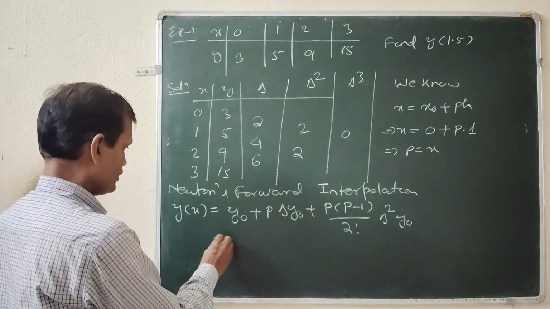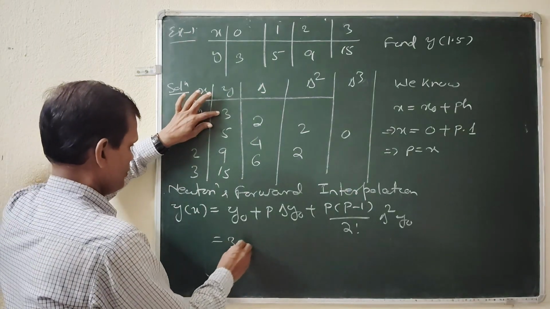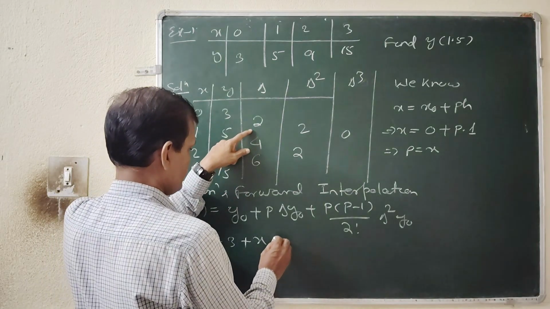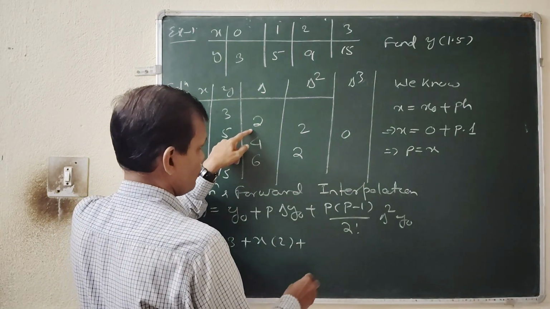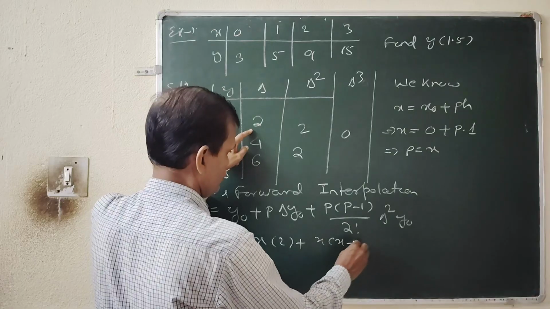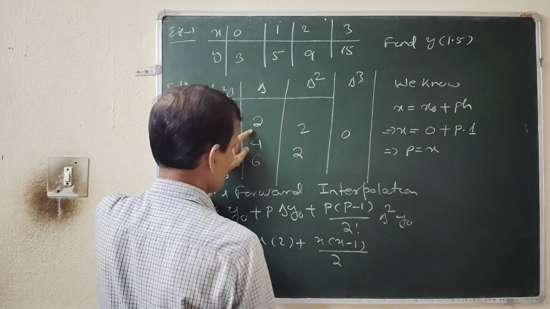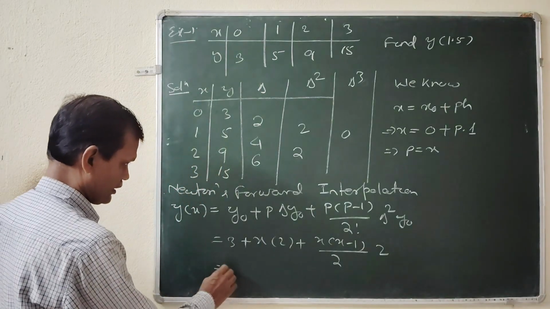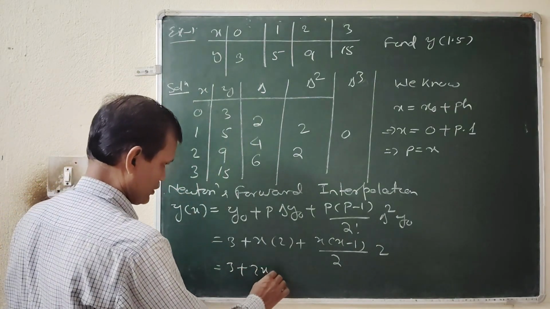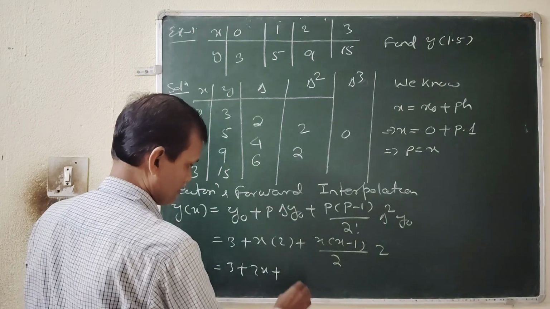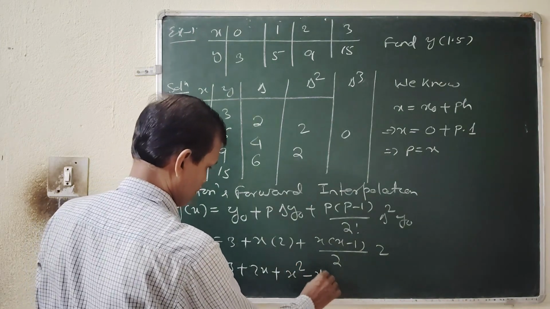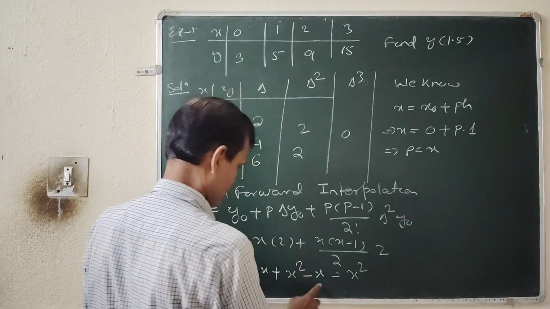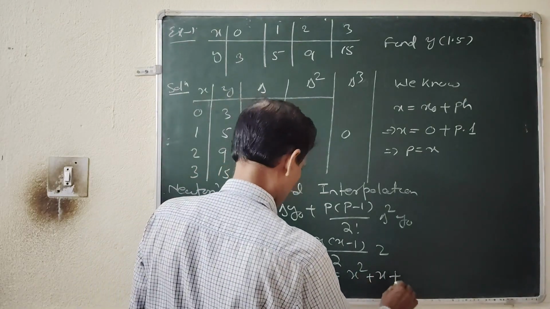What is y0? y0 is 3, plus p, which is x, times delta y0, which is 2, plus x into x minus 1 by 2 into delta square y0, which is 2. If you simplify, that gives 3 plus 2x plus x square minus x, that is x square plus x plus 3.